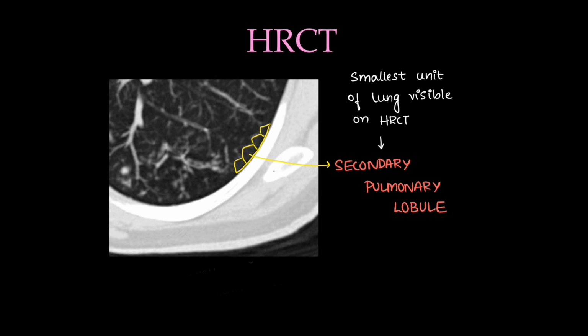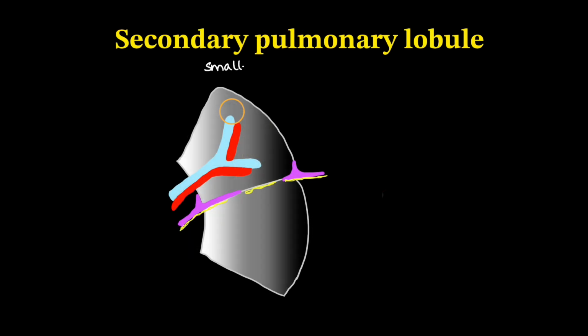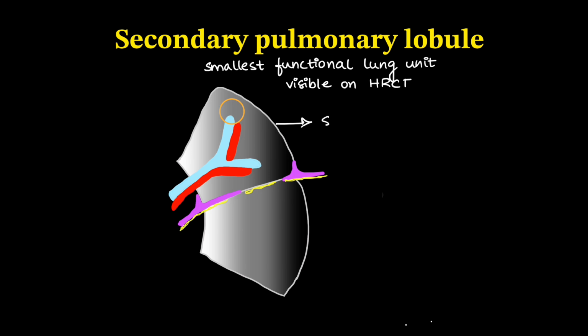We'll discuss the structures within the secondary pulmonary lobule and its anatomy in detail. The secondary pulmonary lobule is the smallest functional unit of lung which is visible on HRCT. Each lobule is of size 1 to 2.5 centimeters, separated by interlobular septa.